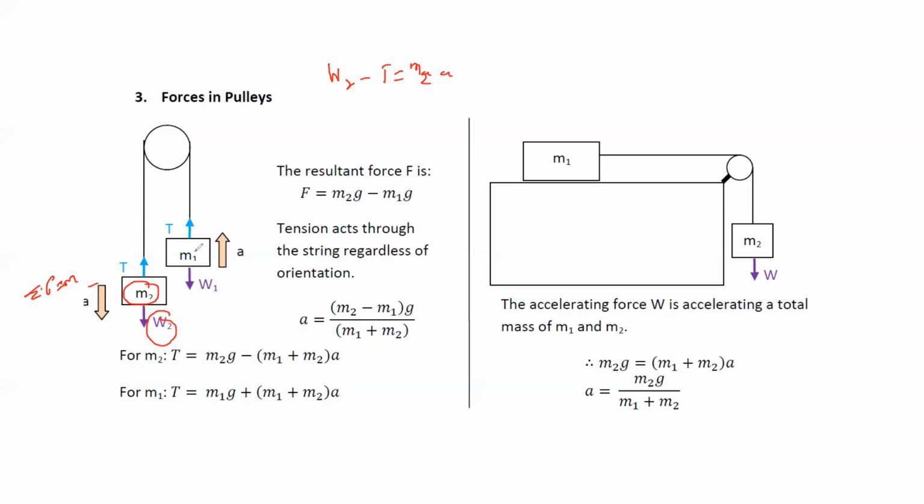And for the first object, which is accelerating upward, T minus w1 is equal to m1a. If we want the acceleration, we can add the two equations. When we add the two equations, T cancels with T, so it will be w2 minus w1 equals (m1 plus m2)a.